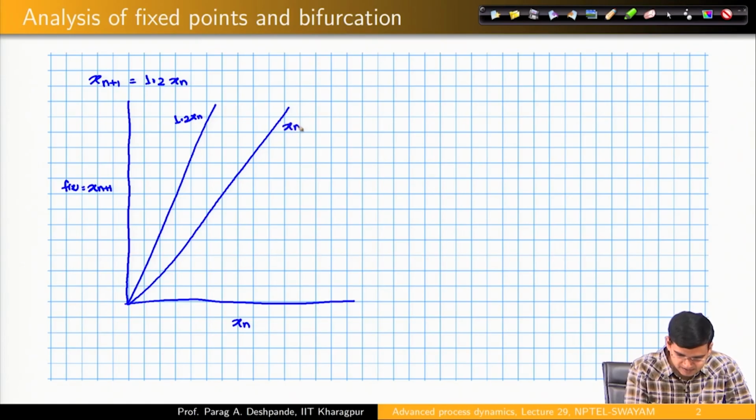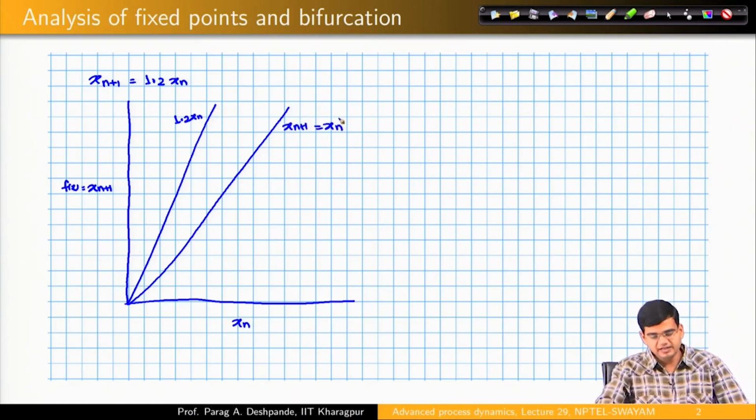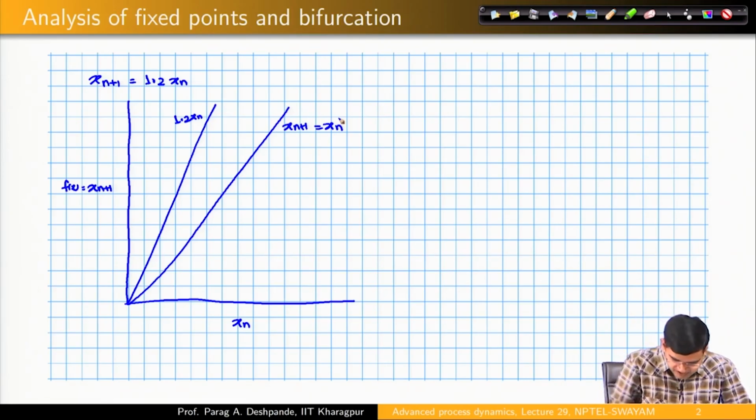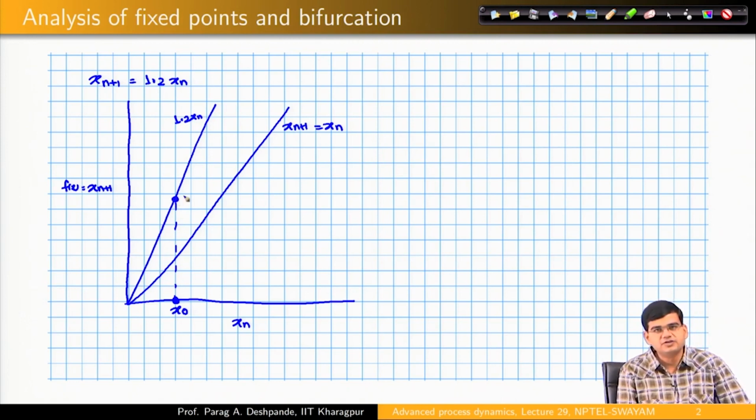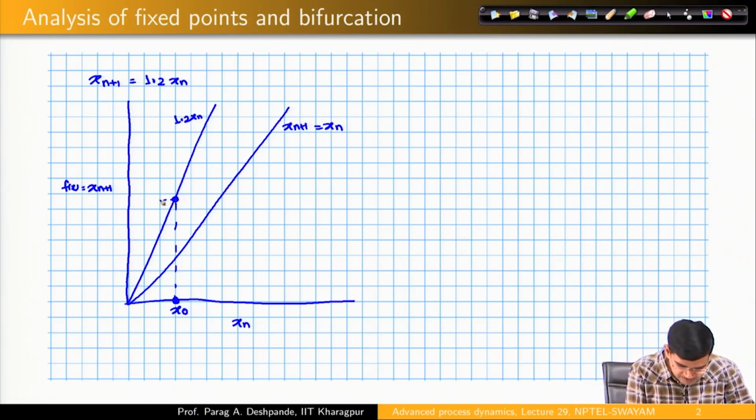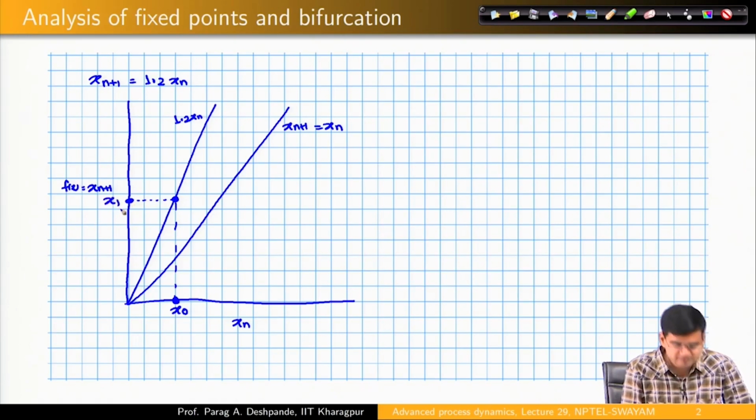So, x n plus 1 is equal to x n, the x is equal to y line, and then I start with some x 0. Let us say this is x 0. So, I will first always go to the dynamical equation, and this becomes x 1, right.